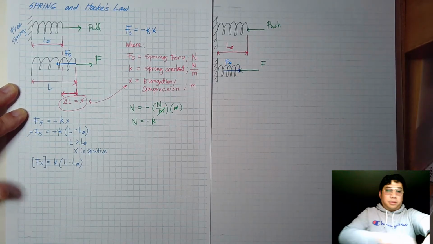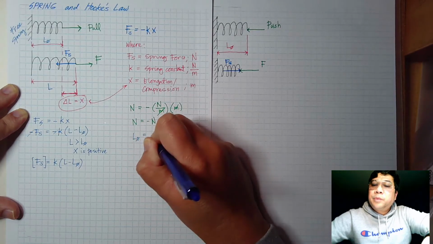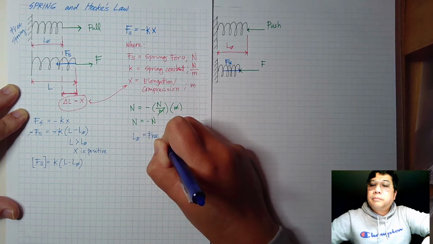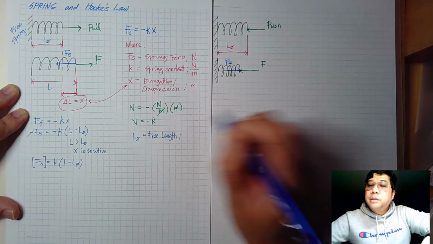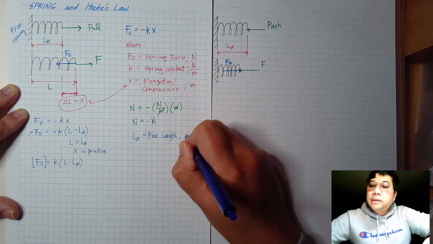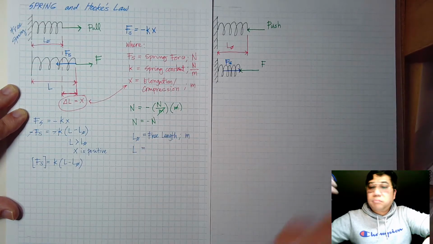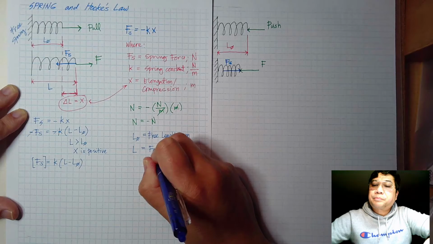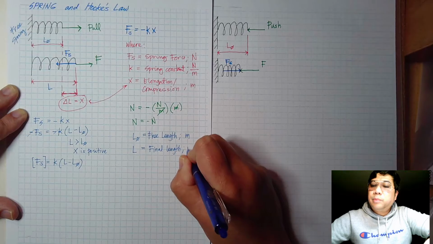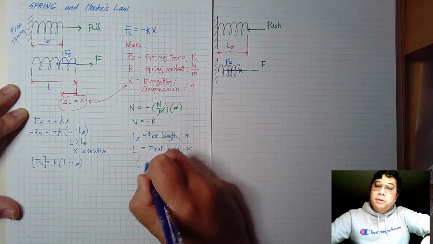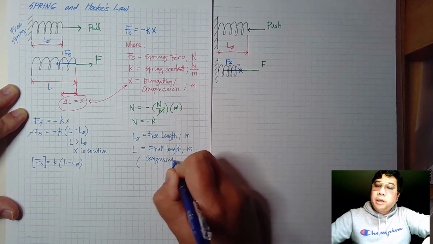What I forgot to mention earlier, or let me just write it now, is that L sub naught is the free length, in terms of meters, and then L is the final length, also in terms of meters, and that final length is either compressed or elongated.